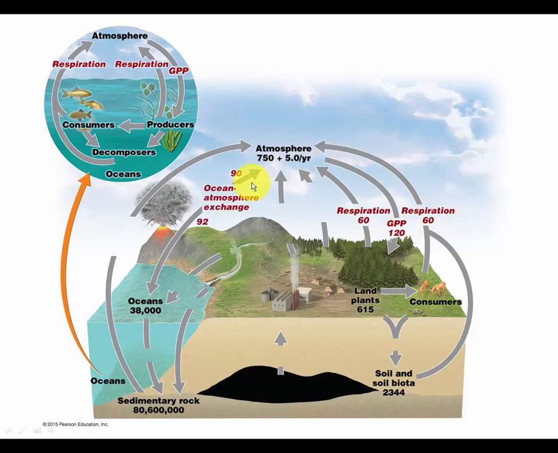There's also a very important flux that is going back and forth between the atmosphere and the water. This is basically diffusion. Most of the Earth is covered with water, and where that water comes in contact with air, carbon dioxide molecules can move freely back and forth between the two.